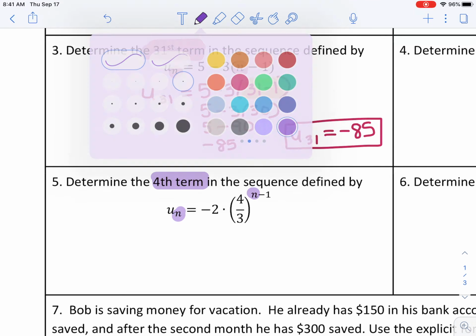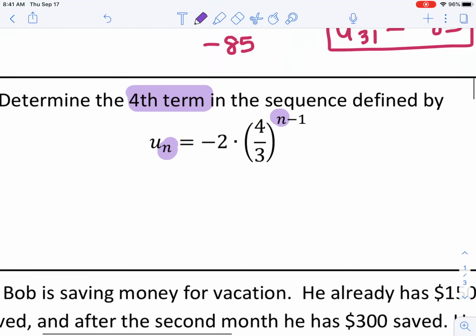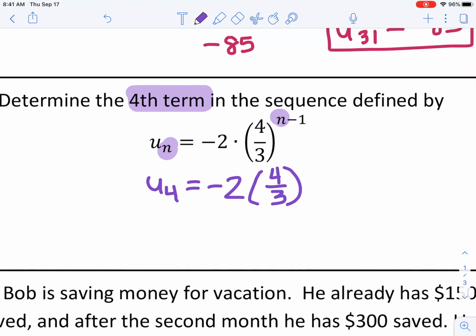In this case, we're going to start off the same way. u sub 4 equals negative 2 times the quantity 4/3 to the power of 4 minus 1. Because you can do 4 minus 1 in your head, we are going to do negative 2 times 4/3 to the third.